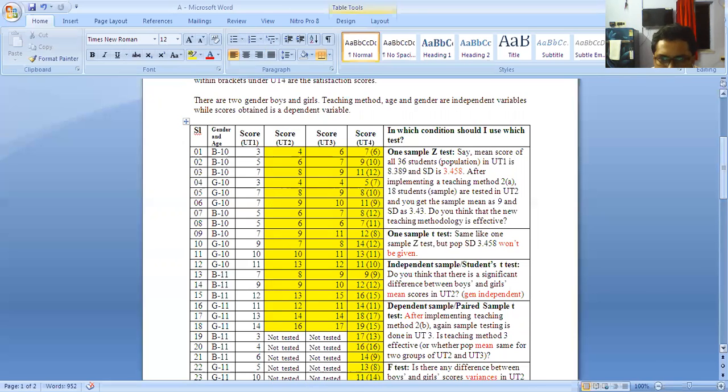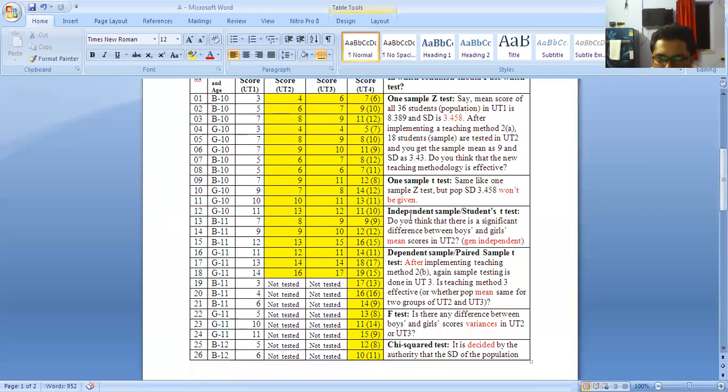Now take a look at the independent sample T test or student's T test. When you perform this kind of test, do you think that there is a significant difference between boys and girls mean scores in unit test 2? Take a look at this sample, unit test 2. You have taken some samples from boys and some samples from girls.